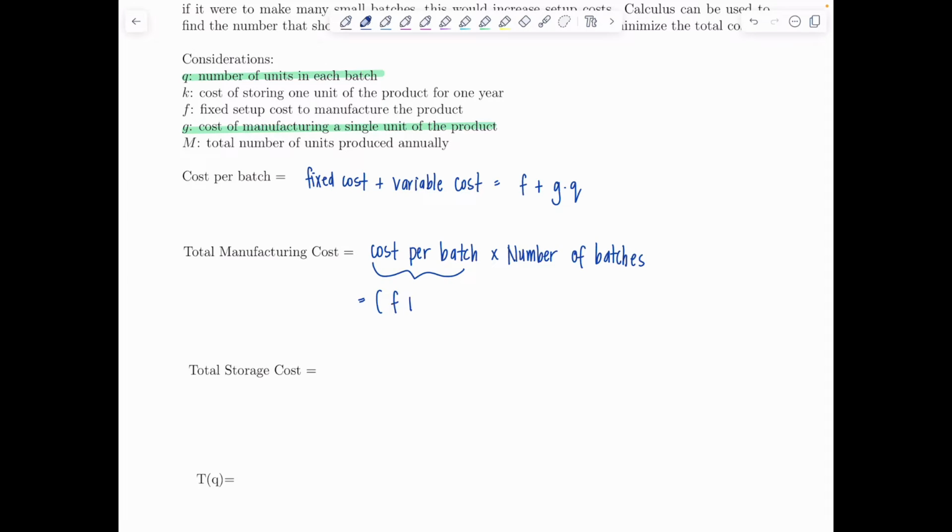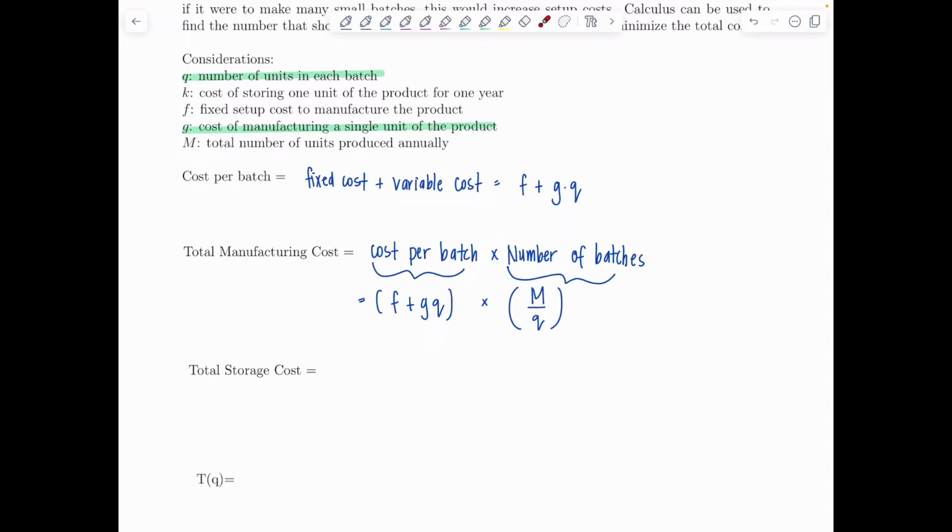That's F plus G times Q. Now I want to multiply that by the number of batches that we make in a year. So what would that be represented by? Well, M is the total number of units that you need to produce, and Q is the number of units in each batch. So if I take M and divide it by Q, that would tell me the total number of batches that we're making.